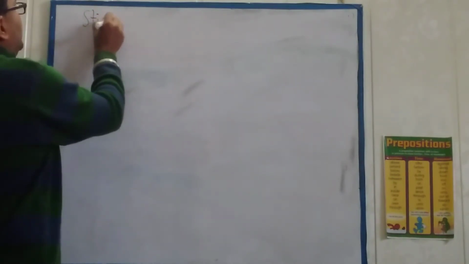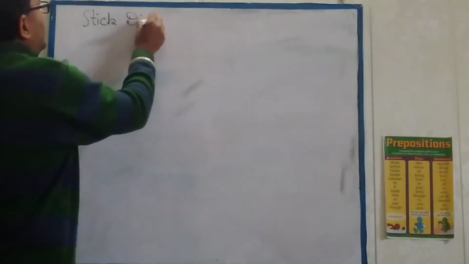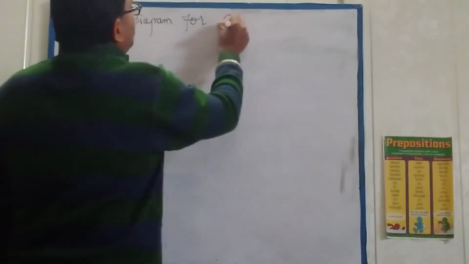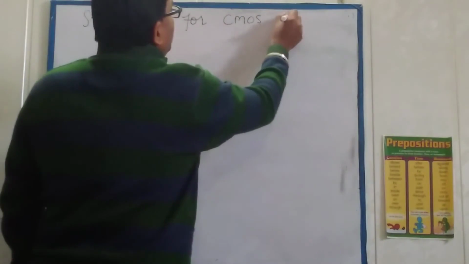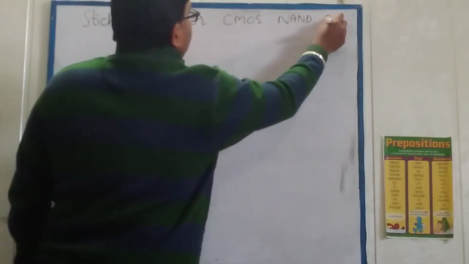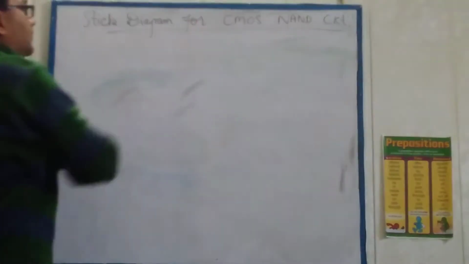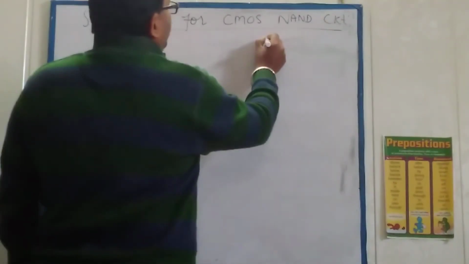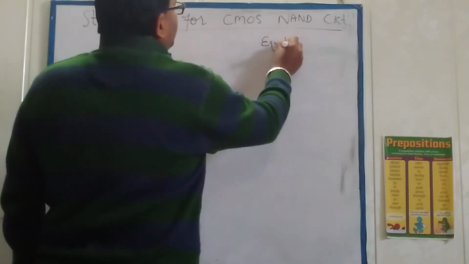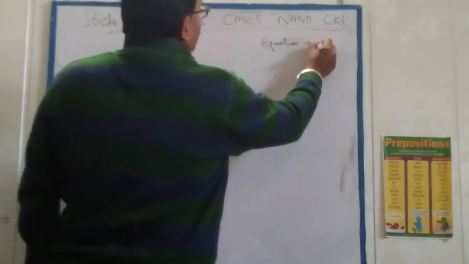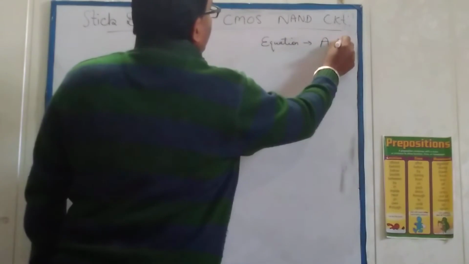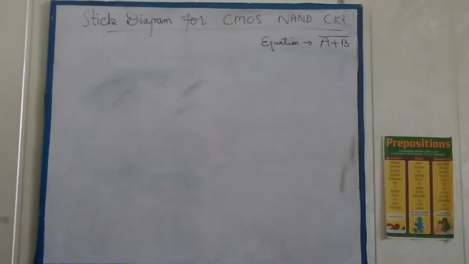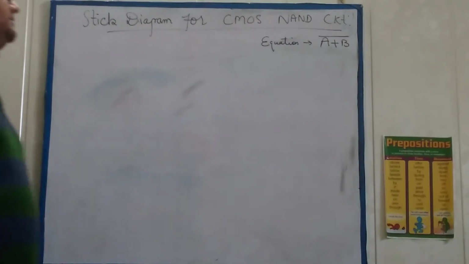Let us see how to draw the stick diagram for the CMOS NAND circuit. For that, let us take the two inputs A and B. The equation is (A dot B) bar, that is the NAND operation, right?